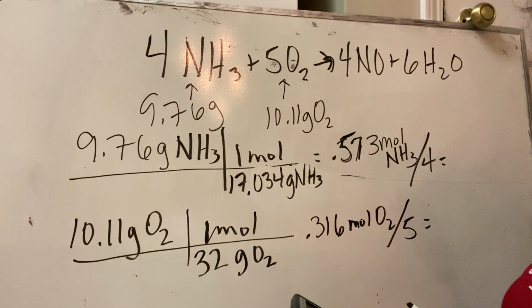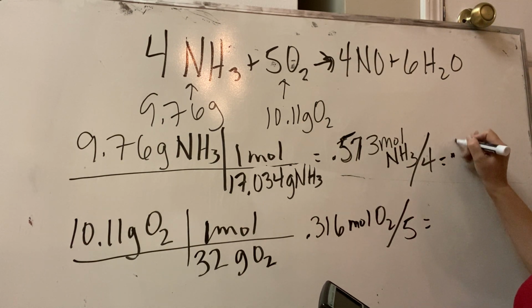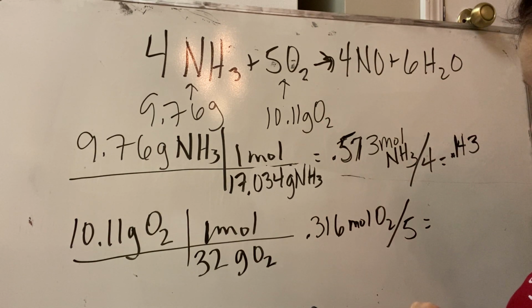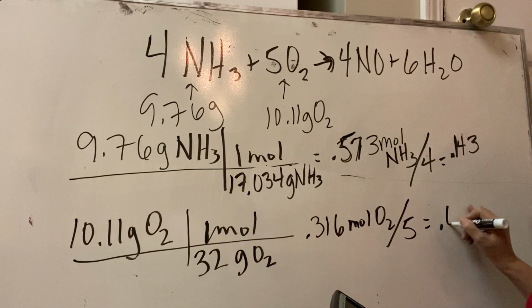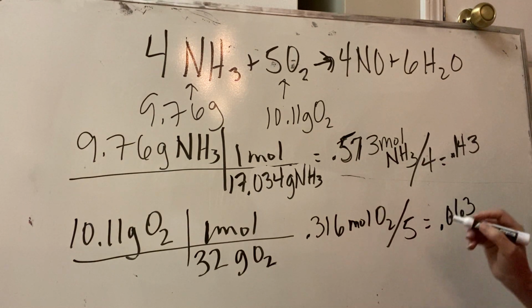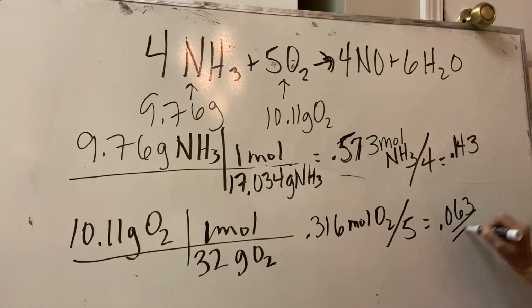Okay, so 0.573 divided by 4, I get 0.143. And for this one, I get 0.316 divided by 5, and I get 0.063. So this is most definitely the lower of the two quotients.